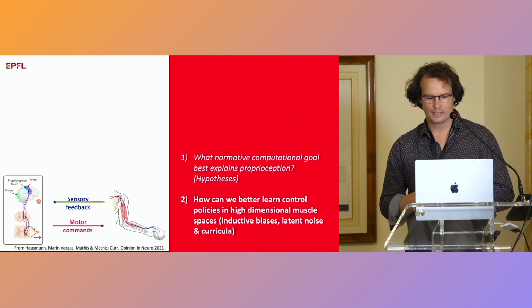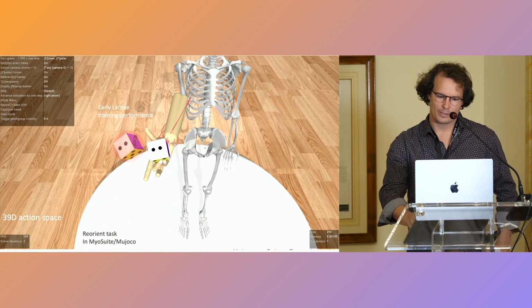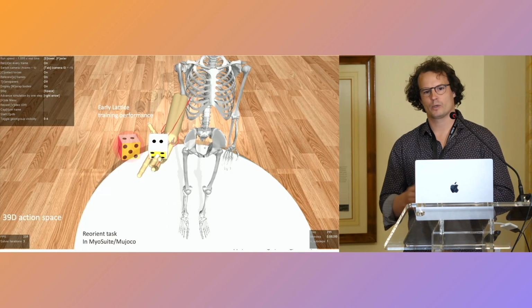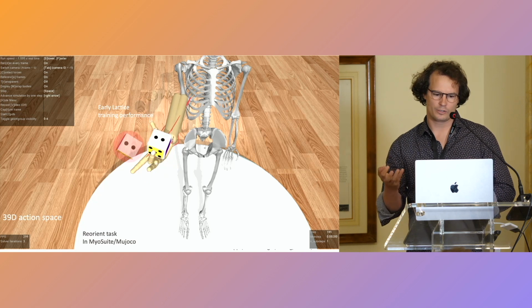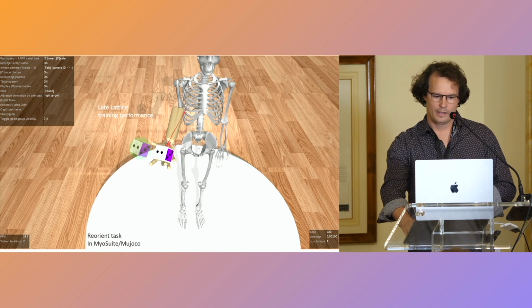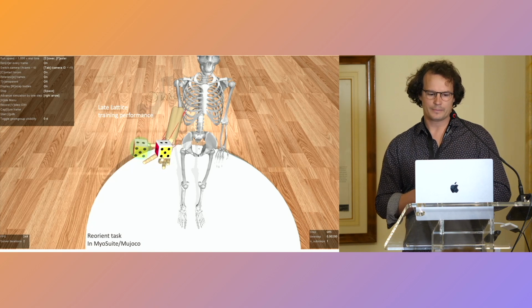And the second thing that I wanted to talk about is how we can better learn control policies in high-dimensional spaces. Here, for example, we want to control 39 degrees of freedom to rotate this cube into a particular orientation after training. So this is obviously all policy gradient methods.